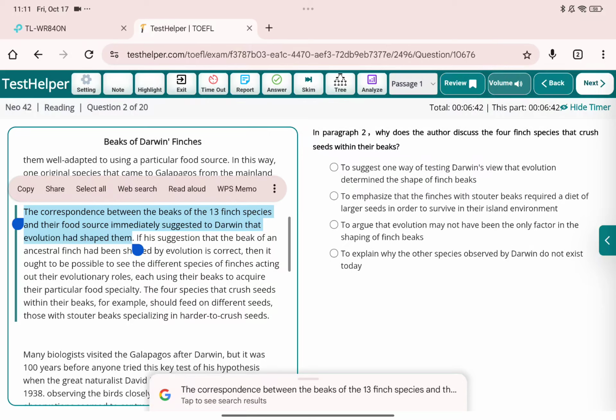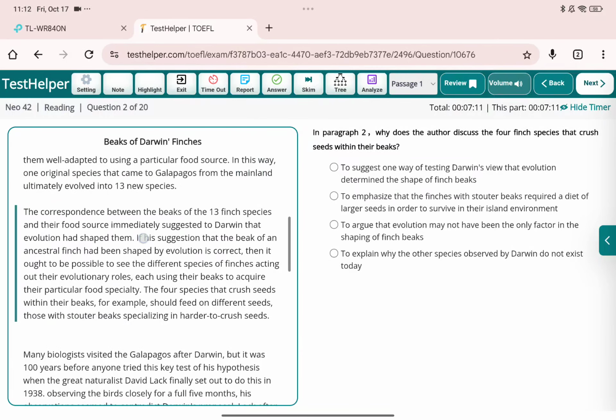If I say it in very simple language, you can write it down on your paper to make it easier for yourself. The meaning of this statement is: Darwin saw that each finch beak matched its food type, so he thought evolution changed their beaks. That's the simplification of this statement.